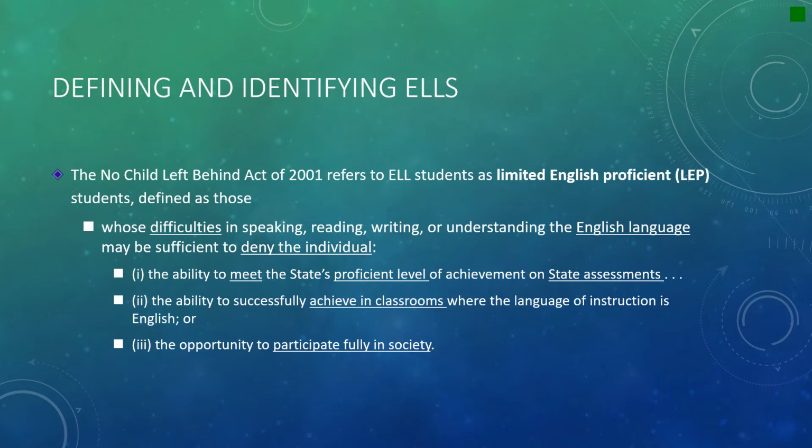And so the No Child Left Behind Act identifies LEPs, or limited English proficient students, as those who have enough difficulty in the English language to deny them the ability to be successful on the state achievement tests, the ability to be successful in a classroom where language instruction is in English, and also the ability to participate fully in society. So if the student meets any of those three criteria, then they may be labeled limited English proficient by the school.